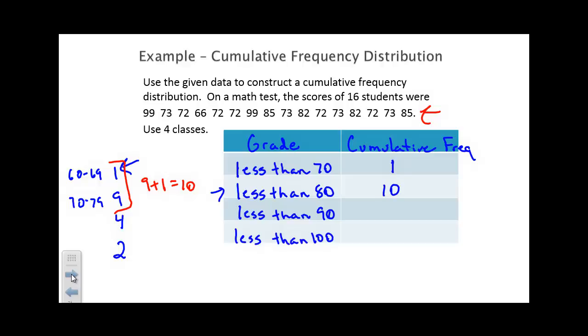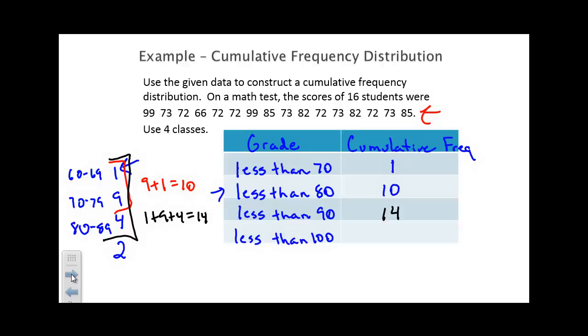Less than 90. That would be any grade that was 89 or below. Well, that third class there, that was from our previous table, that was 80 to 89. That means anything in those three would be less than 90. So 1 plus 9 plus 4, that's 14.